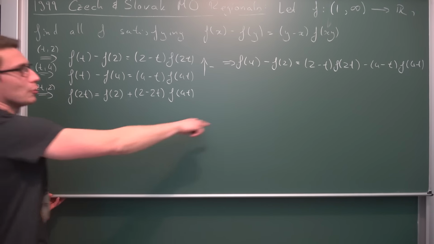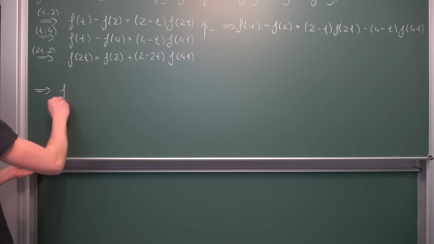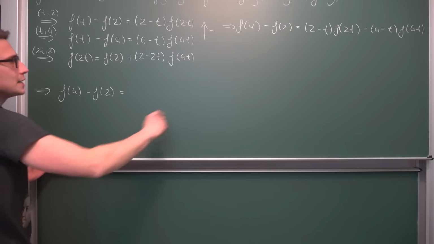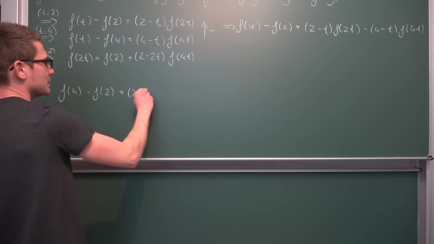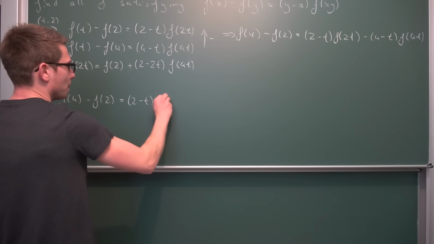And by plugging the f of 2t into here, what we are going to get is this huge new expression, namely that f of 4 minus f of 2 is hence equal to, now we are going to get 2 minus t times, at first f of 2.